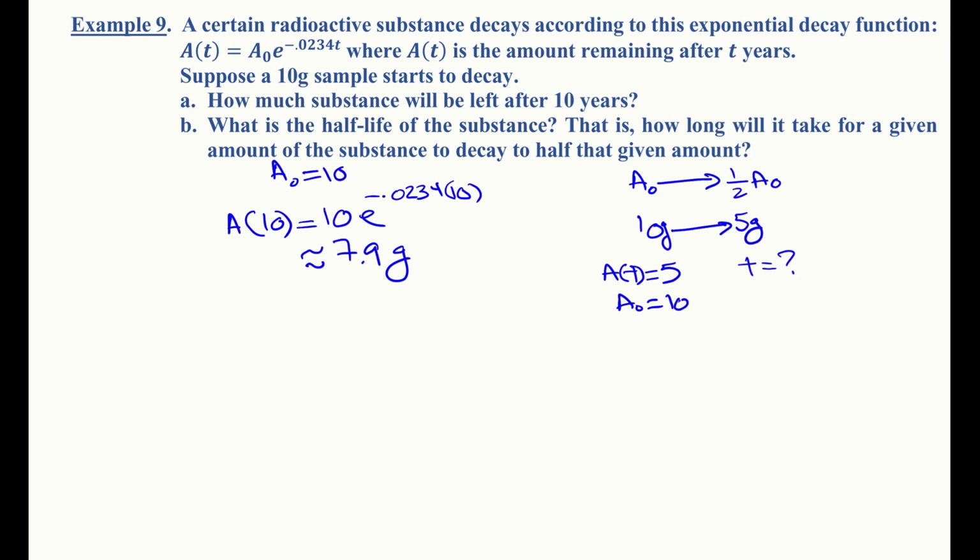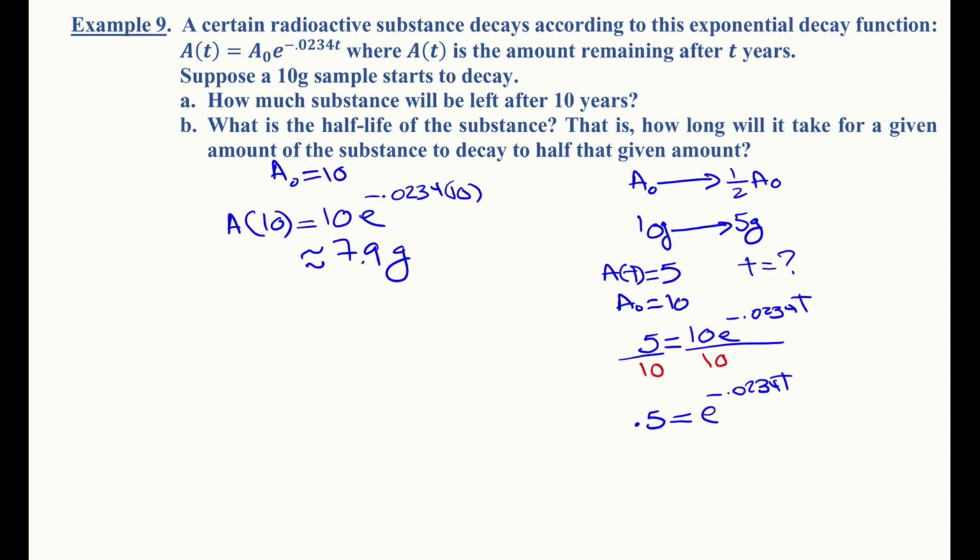So for A of t, remember 5. For A0, the present value, we're going to put 10 e to the negative 0.0234 t. So again, we need to get e by itself. We'll go ahead and divide both sides by 10. So we end up with e to the negative 0.0234 t is equal to 0.5 or a half, either way.